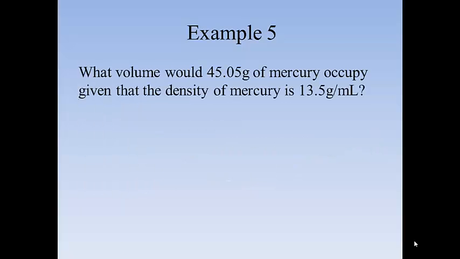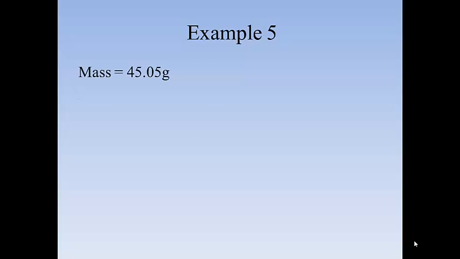Last example. 45.05 grams of mercury has what volume? The density is 13.5 grams per milliliter. Do it out, and then I'll give you the answer. 3.34 milliliters is the answer you should have gotten. We'll run through it in excruciating detail. Once again, you know the mass. You know the density.